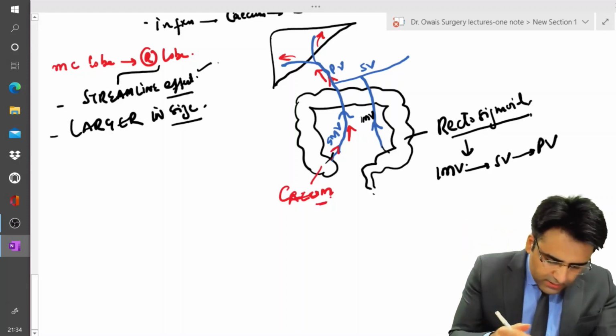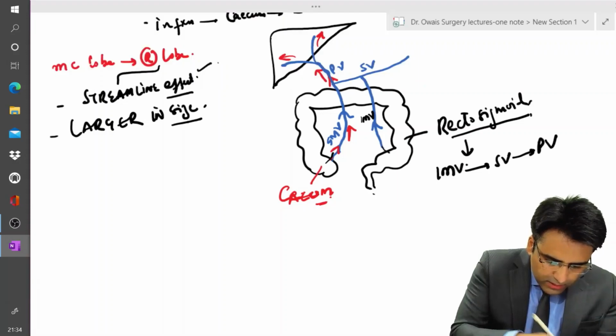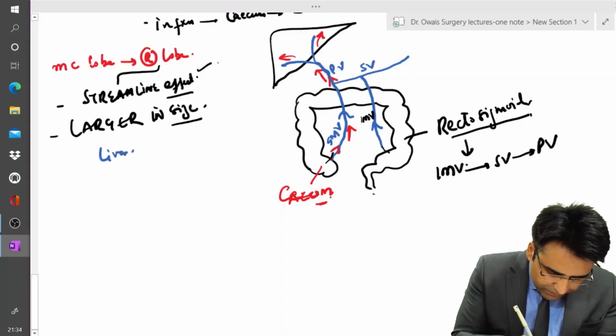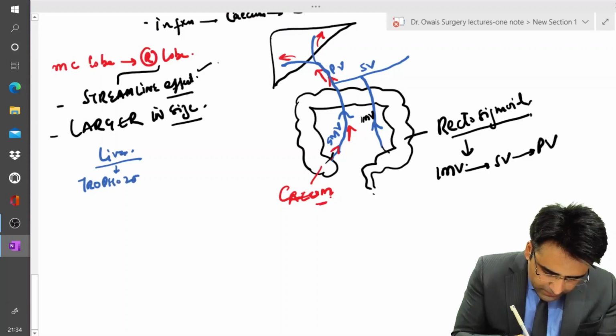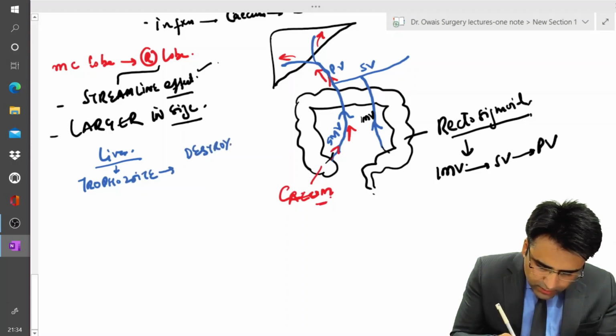Now if we see what happens once the infection has reached the liver, the trophozoites destroy the hepatocytes. How?